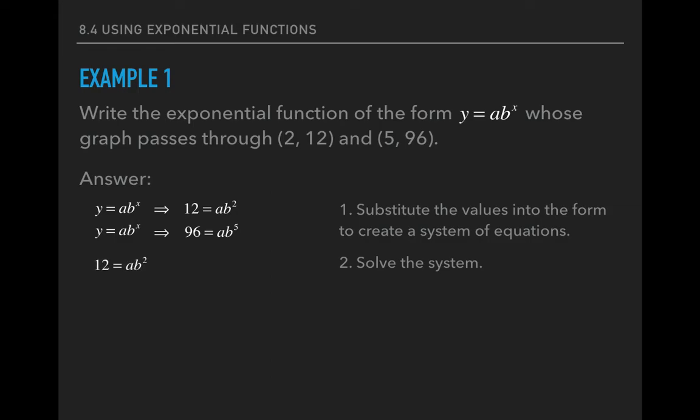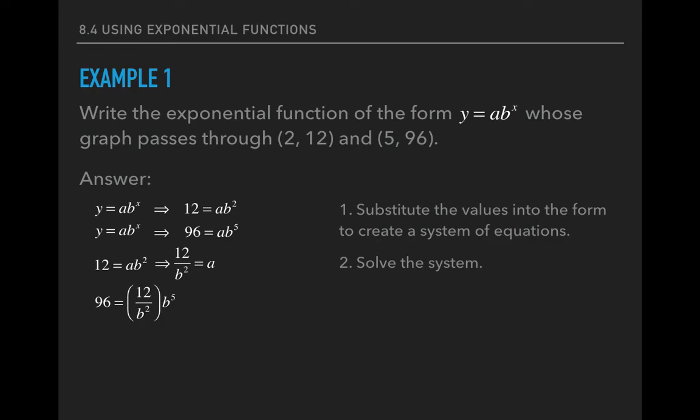So we're going to take this first equation and solve for one of our variables. Now that we know what a is equivalent to, we can plug that into the other equation. We're using substitution. And we'll plug what a is equivalent to into the place where a was.